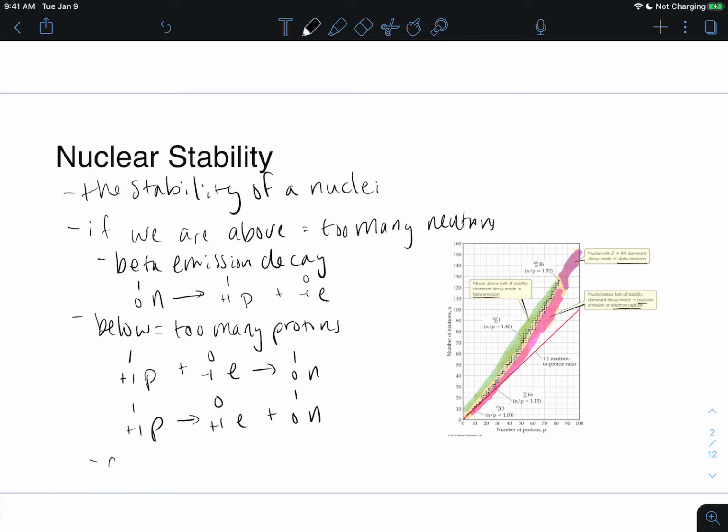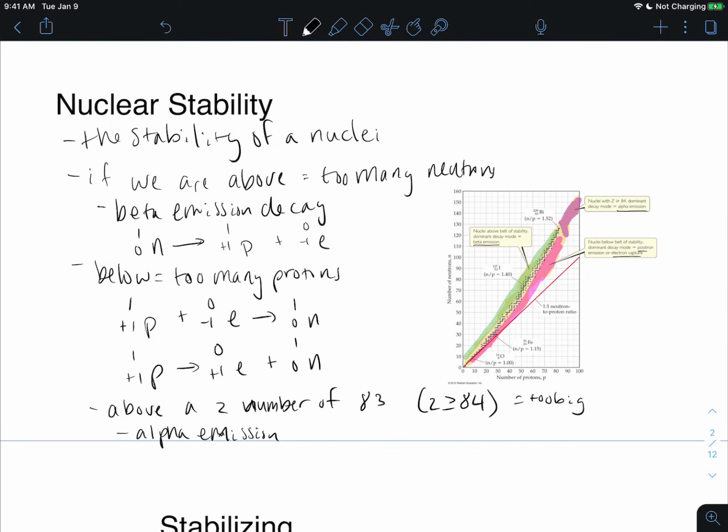And then if we are above a Z number of 83, so Z is greater than or equal to 84, it's going to be alpha emission because it's just too big. So we'll have the discharge of an alpha particle, such as what we see with uranium.